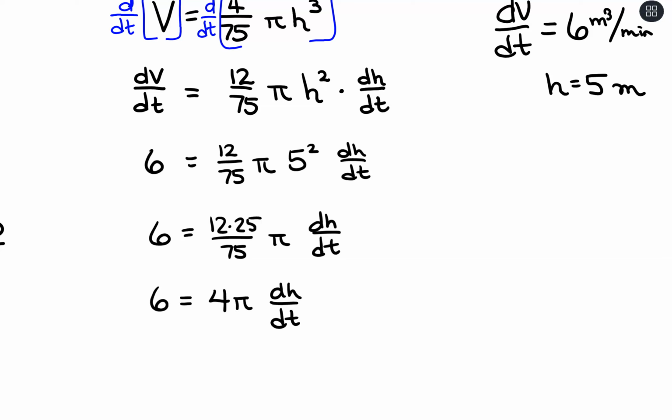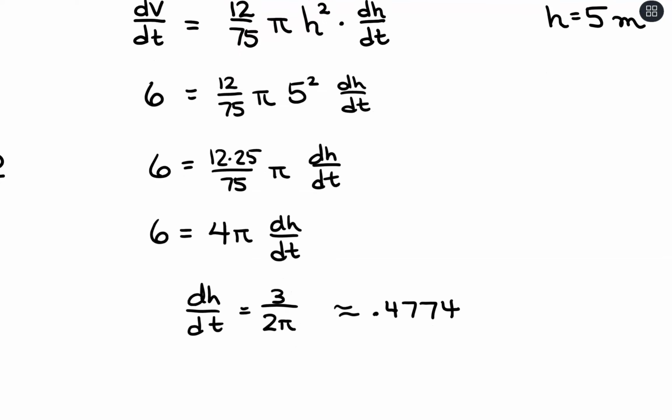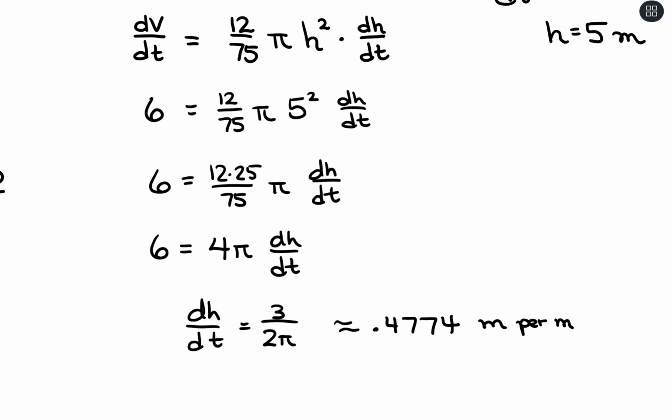So for an exact answer, dH/dt would be 6 divided by 4 pi, or 3/2 pi, which is about 0.4774. And then height would be in meters, and time is passing in minutes.